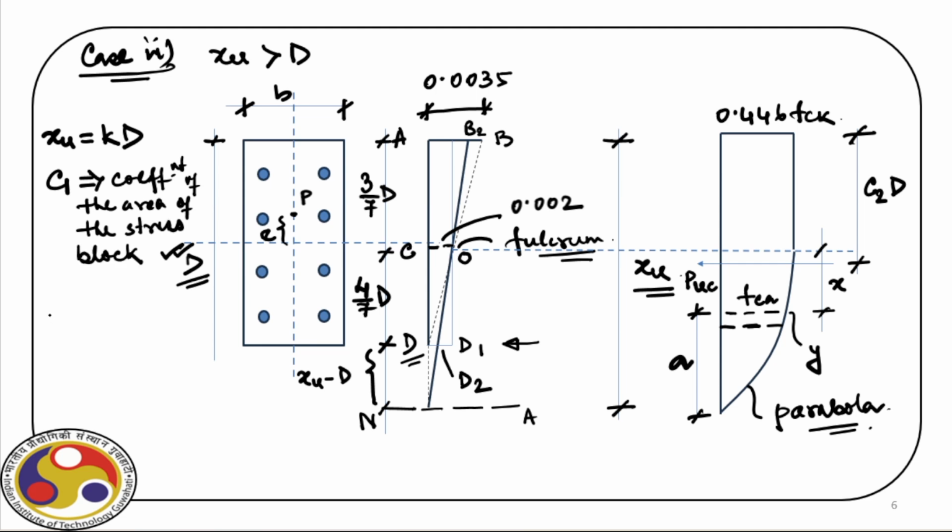So now we know the equation of parabola. So equation of parabola is y equal to x square.